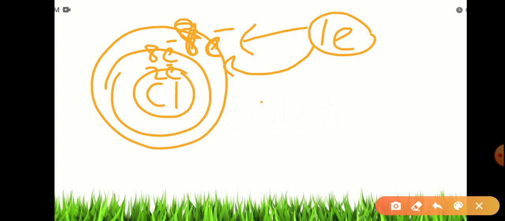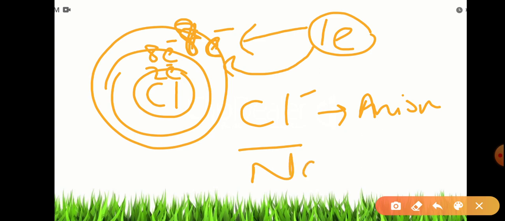So now Cl becomes Cl minus, so it becomes an anion. Sodium is the one which donates 1 electron. Chlorine accepts 1 electron and its valency is 1 because it is accepting 1 electron.